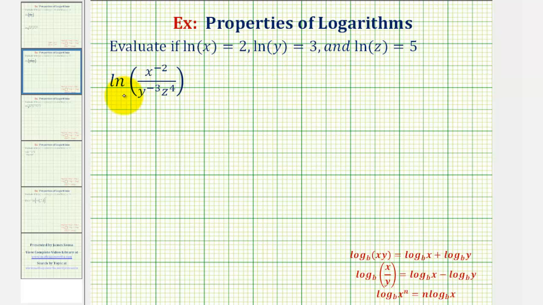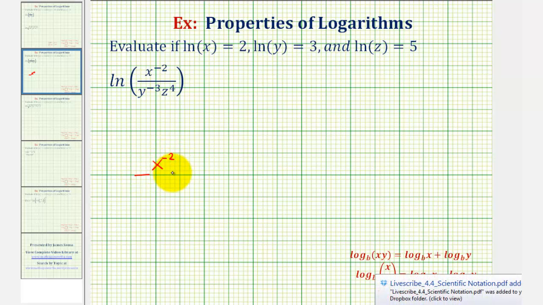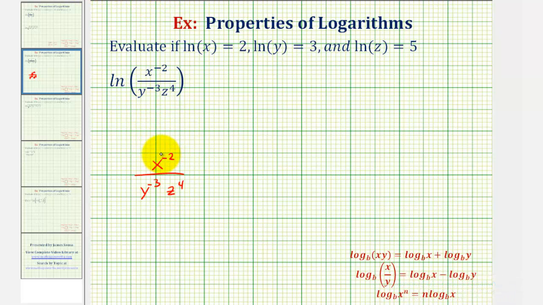So if we take a look at the given logarithm, notice how this quotient here involves negative exponents. So if we wanted to, we could rewrite this fraction here using positive exponents. For example, if we have x to the power of negative 2 divided by y to the power of negative 3 z to the fourth, if we move x to the negative 2 to the denominator, it would change the sign of the exponent to positive 2.